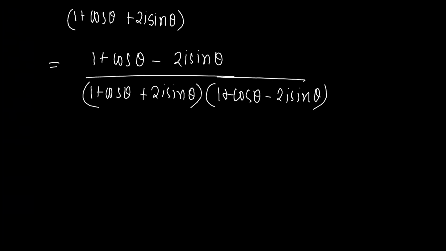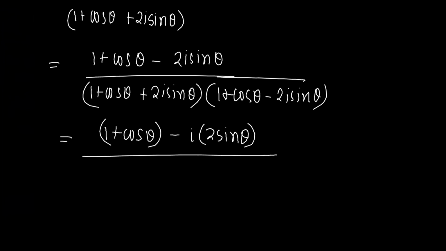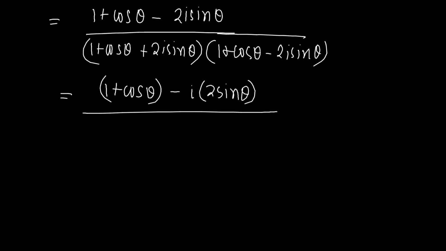Okay, so it is actually, in the numerator, 1 plus cos theta minus i into 2 sin theta. In the denominator, if we take 1 plus cos theta as a and this 2i sin theta as b, it is a plus b into a minus b. So we can write 1 plus cos theta whole square minus b square. Now here it is i, so i square is minus 1, so we can write 4 sin square theta.